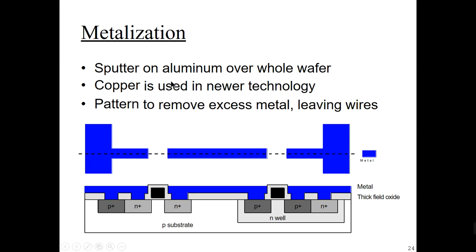For that metal we use aluminum. Copper is used in new technology, so nowadays we are using copper; previously, in most cases we used aluminum. And after that, pattern to remove excess metal, leaving wires. Any excess metal or wires should be removed.